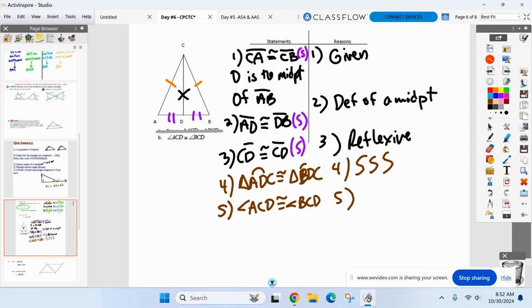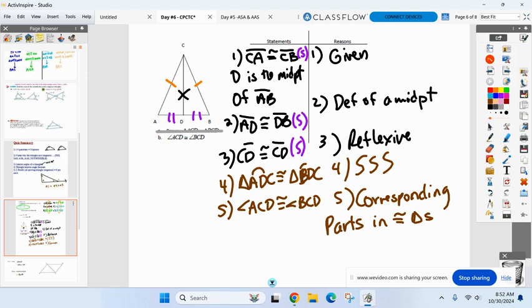These two angles are corresponding parts in congruent triangles.